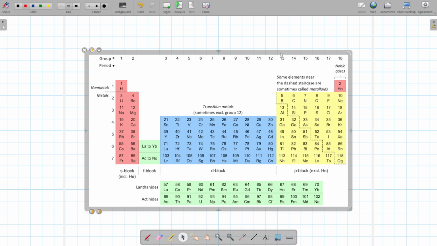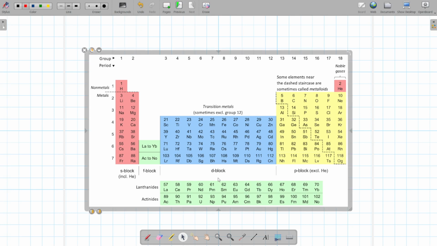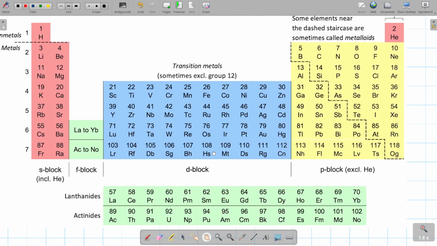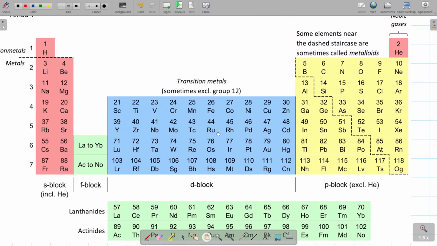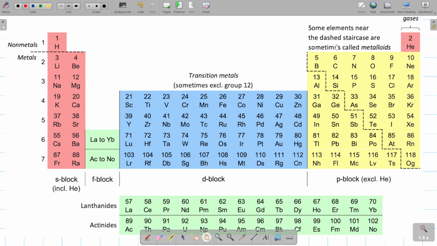I can't make this bigger, can't even move it, so I'll just zoom in. This is the periodic table. You're going to be given this in every exam. I'm going to show you how to find the charge. Forget about hydrogen. Hydrogen is always +1, by the way.